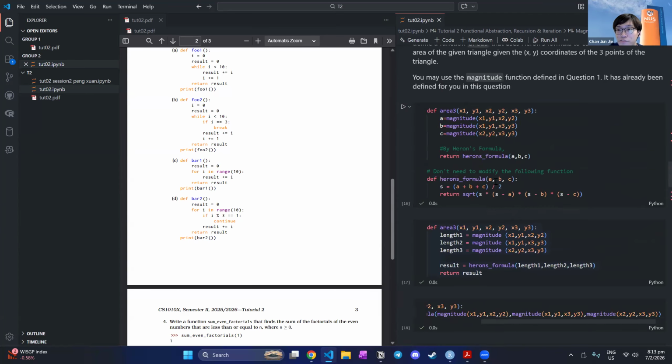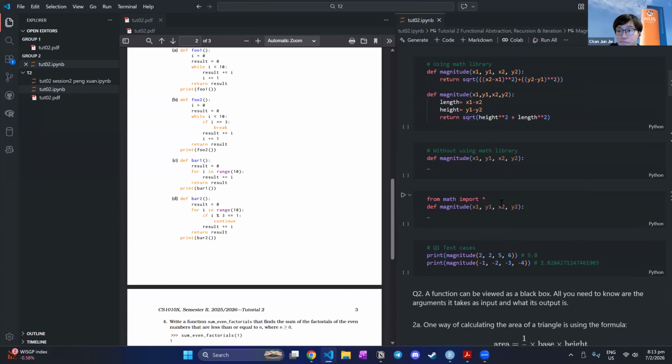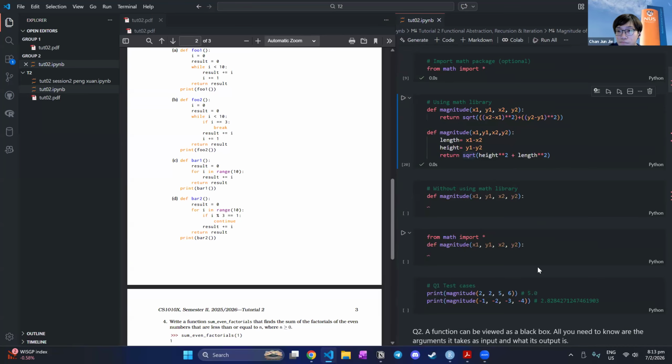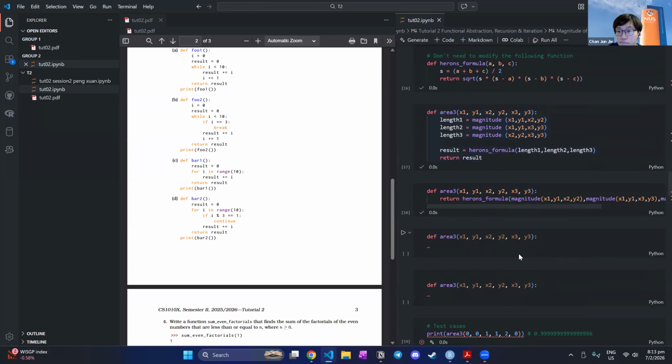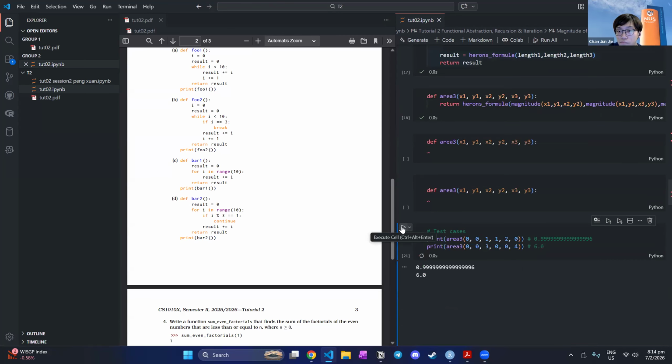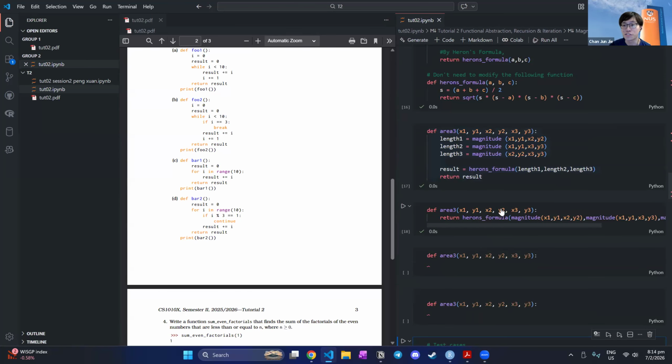Oh, I need to go and define magnitude. Yes, it will still work, but would this be a better solution compared to this?